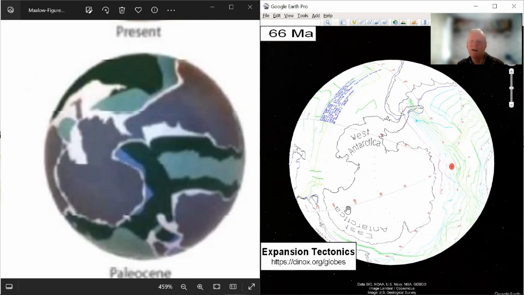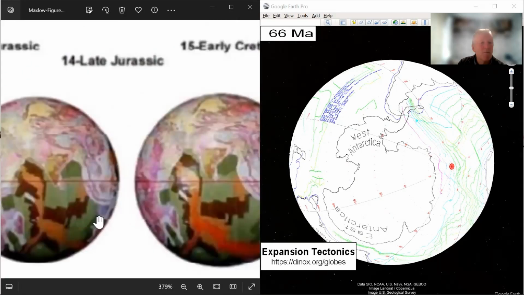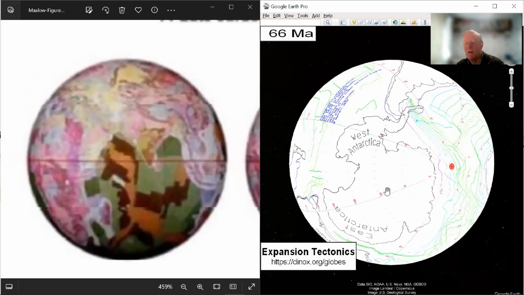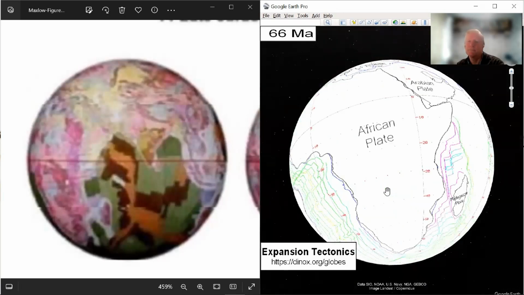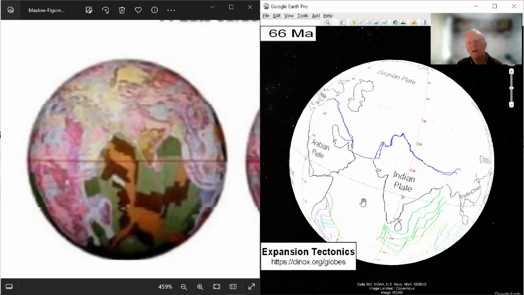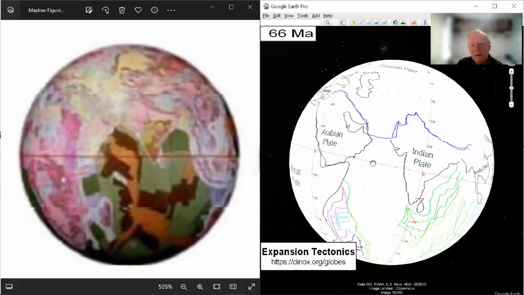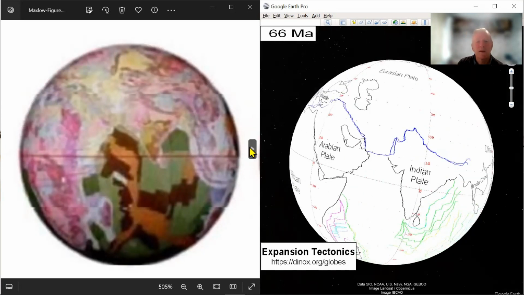Yeah, same thing again. It's looking okay. So yeah, there's India there and India on there. There's Africa over here, Africa over here again. Madagascar, more or less in the same position, really. Yeah, looks pretty similar again.